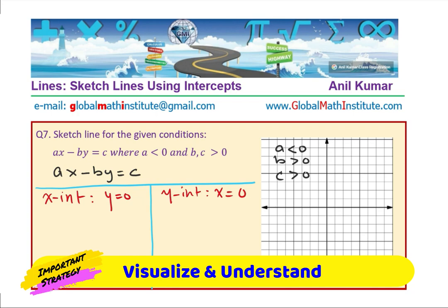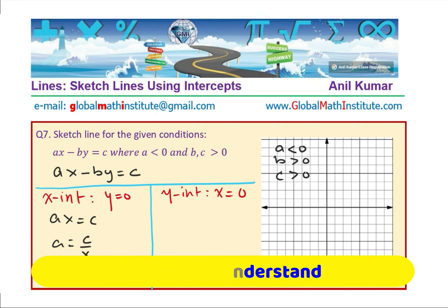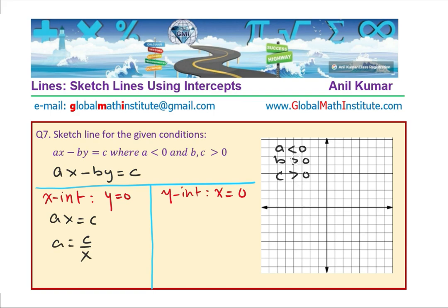Substituting y as 0, we get ax equals c. Now look here. a is less than 0 and c is greater than 0. That means opposite signs. So when you have opposite signs, the result is going to be less than 0. They are opposite signs, and therefore it is going to be negative.